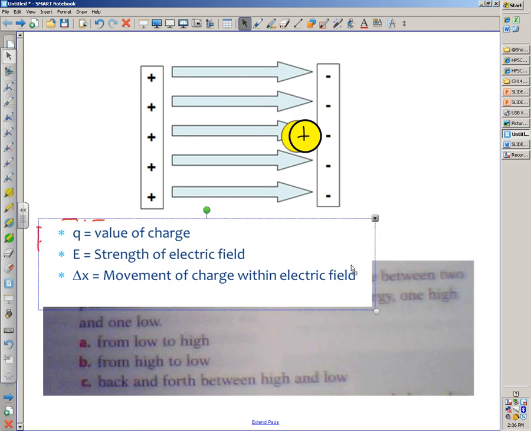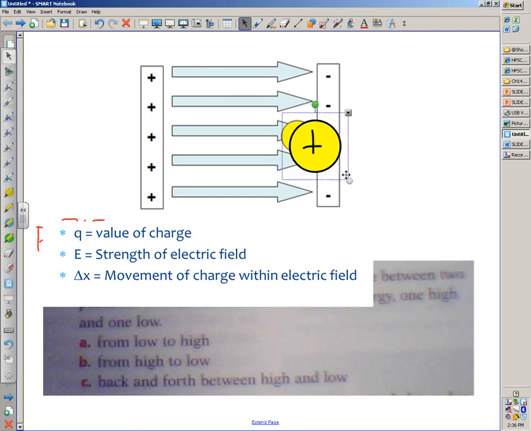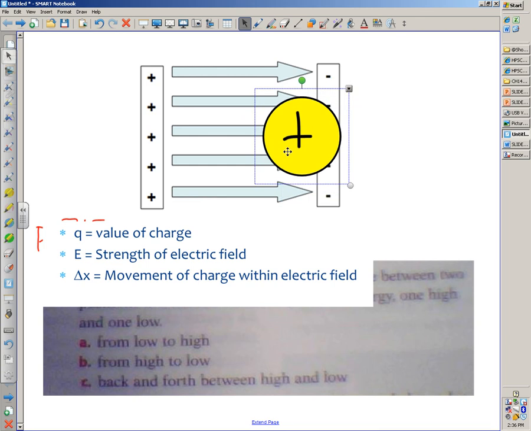So we said there were three things that influence the amount of potential energy that this charge has. The first thing: let's say this yellow part, we actually make it bigger. It gains more, or let's say it loses more and more electrons, so it becomes more positive.